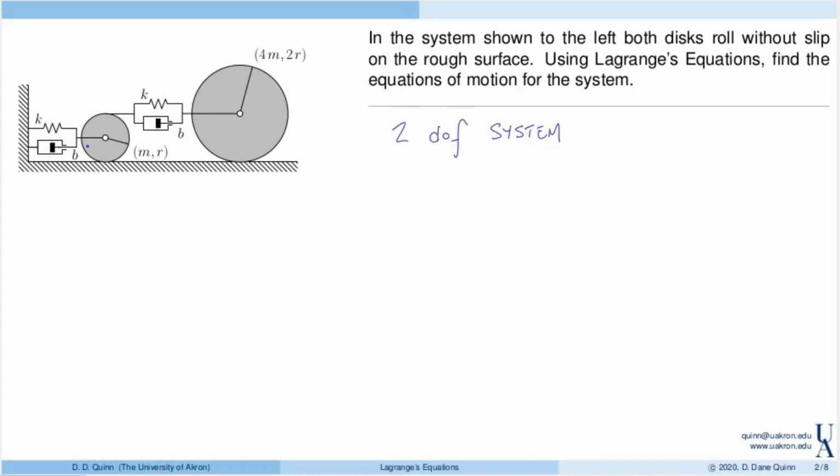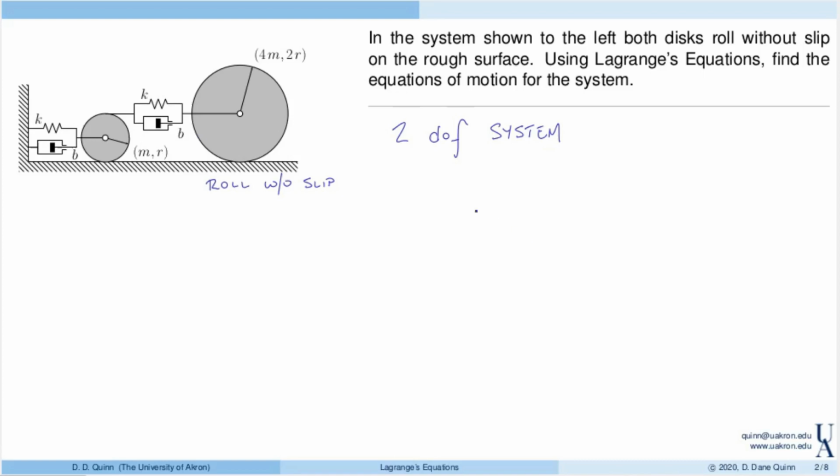We could use some combination of that. We could look at the relative displacement. There are lots of different coordinates that we can use, but ultimately we need 2 to specify where this system is. And again, these disks roll without slip. So there's a constraint relationship between their rotation and translation.